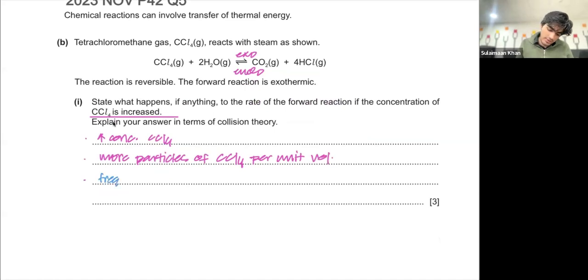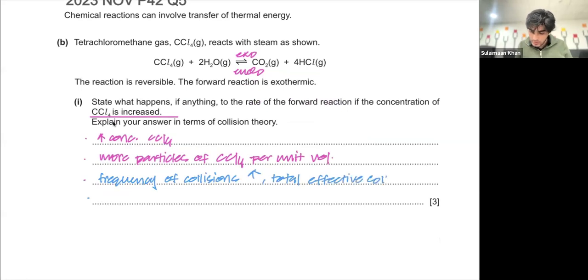More frequent collisions, right? So frequency of collisions increases. And what should happen to the total effective collisions? Obviously, total effective collisions increases. There's nothing new. And here he's not saying the rate of reaction increases.